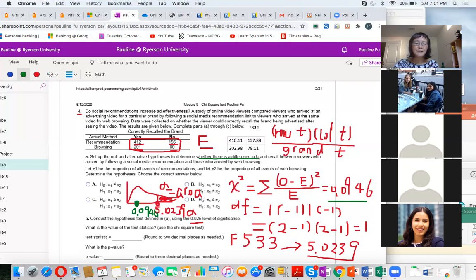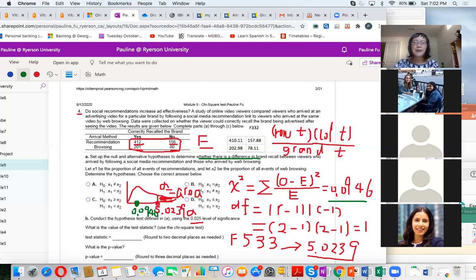When you see the difference, the H1 is not equal. So you select the one with not equal for H1, and H0 is equal.